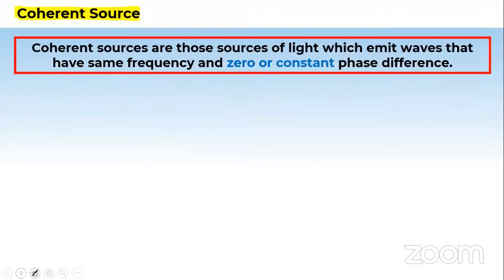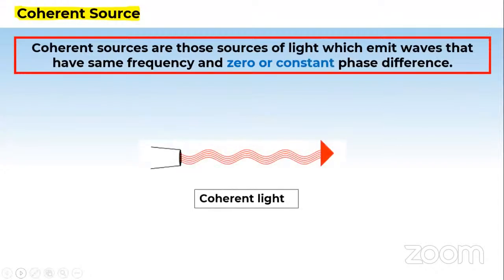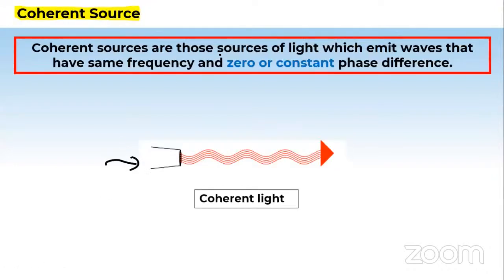Next, I'll be fast, don't worry. We have seen coherent light. Coherent sources are those sources of light which emit waves having the same frequency and zero or constant phase difference.